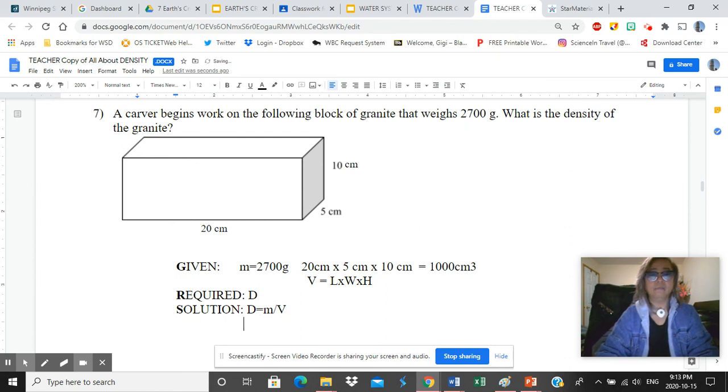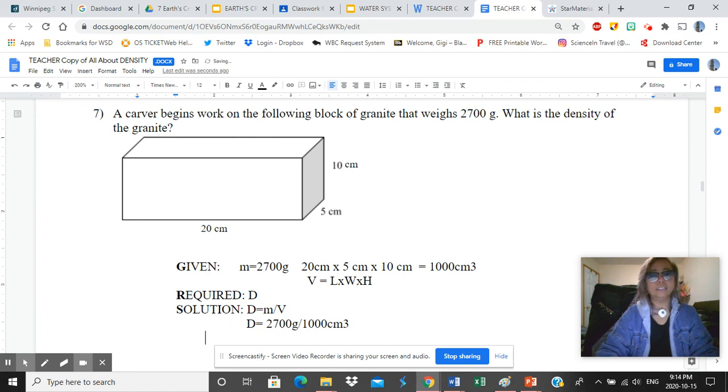So you now have D equals, what is mass? Go to your given. Mass is 2,700 grams divided by, what's the volume? The volume is length times width times height. 20 times 5 times 10, we said that's 1,000. So we say 1,000 cm cubed.